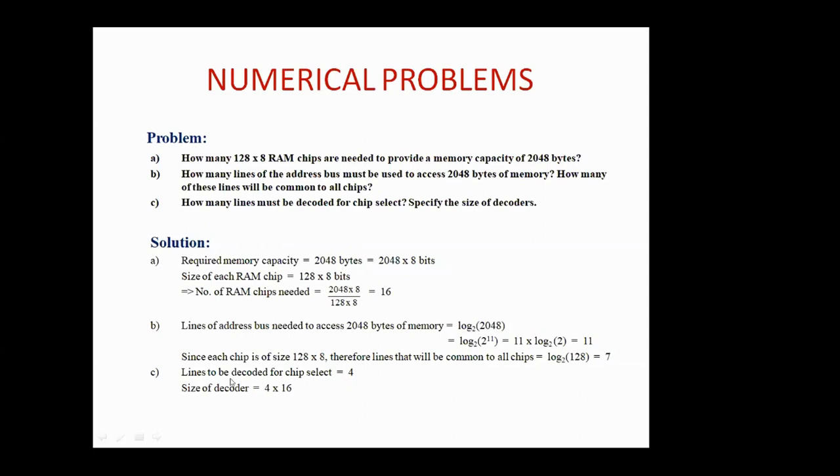So lines to be decoded for chip select will be 4. In other words, these 4 lines will go to the decoder. And what will be the size of the decoder? Obviously, if the input of the decoder is 4, the output will be 16. So the size of the decoder will be 4 into 16.